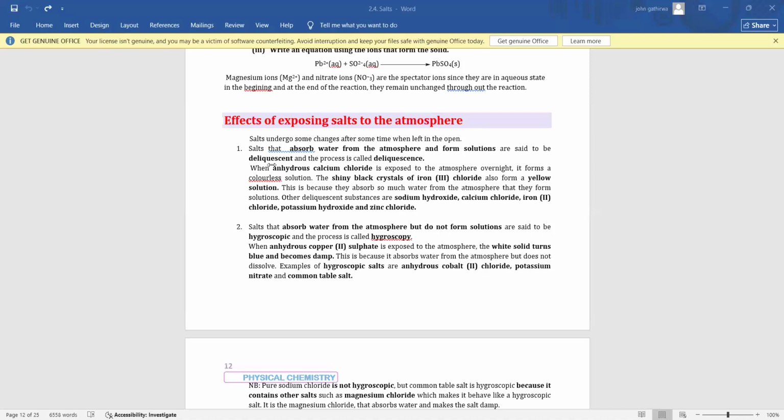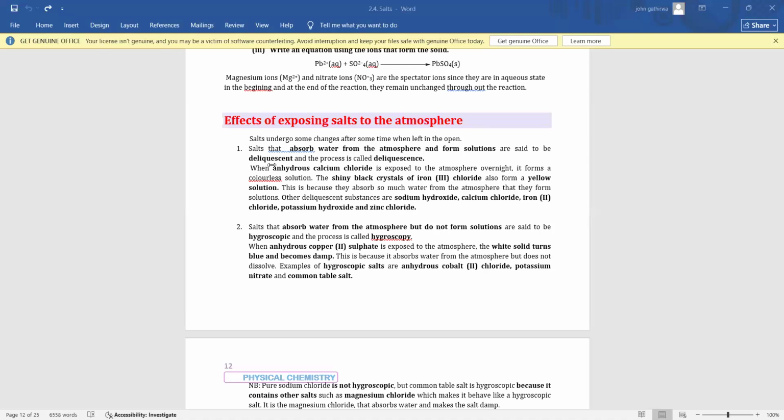That is good. So class, this is what you're supposed to write. We talk of burning or roasting. You roast copper in excess air to obtain copper 2 oxide. Then you add dilute sulfuric acid to excess copper 2 oxide to obtain copper 2 sulfate solution.